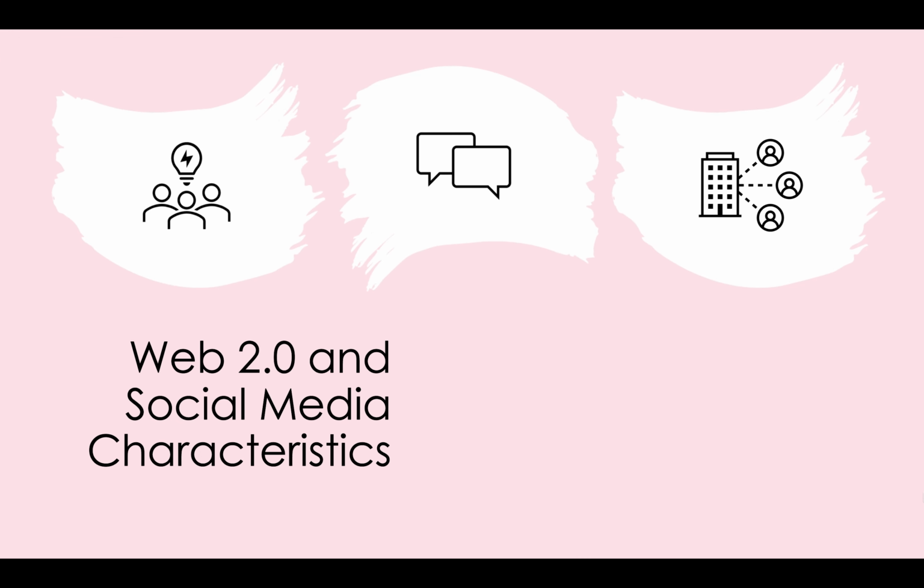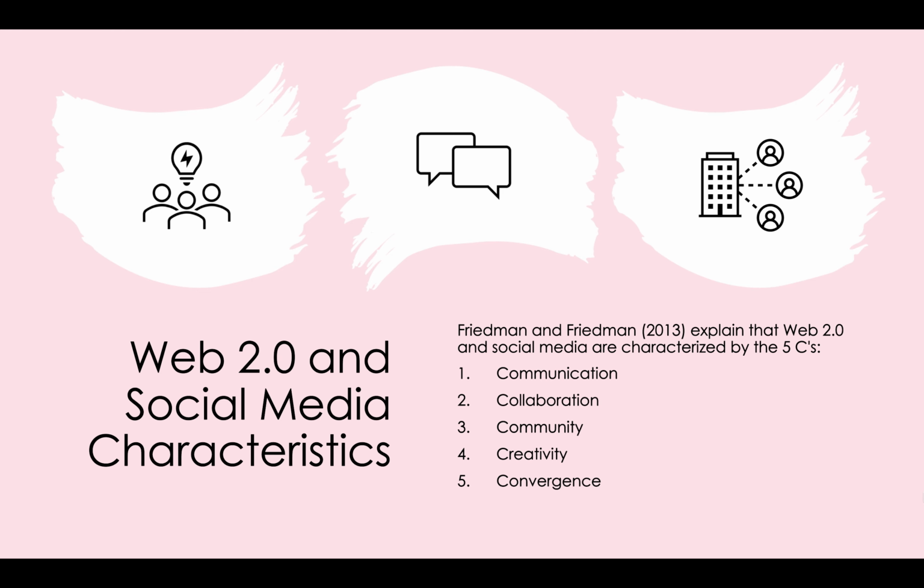Web 2.0 and social media tools share common characteristics. Friedman and Friedman 2013 describe these characteristics as the 5 C's: communication, collaboration, community, creativity, and convergence. Web 2.0 tools encourage students to communicate and collaborate with each other. This communication and collaboration is apparent in social media tools that allow students to join groups of shared interests.